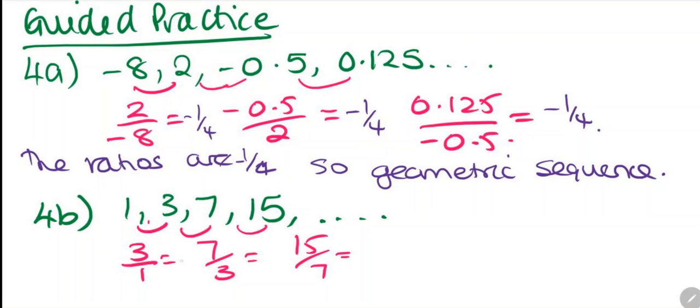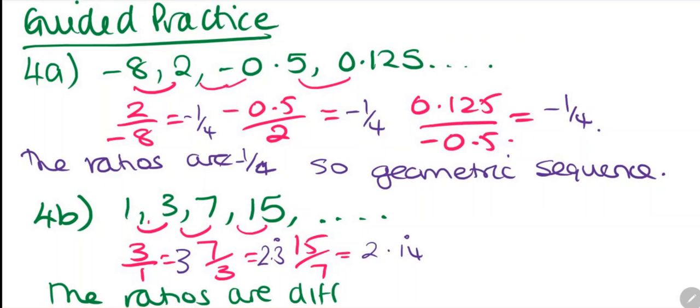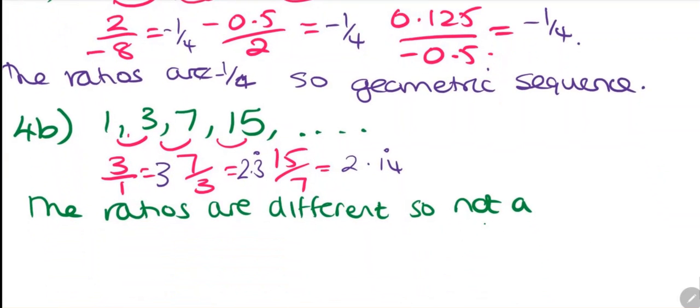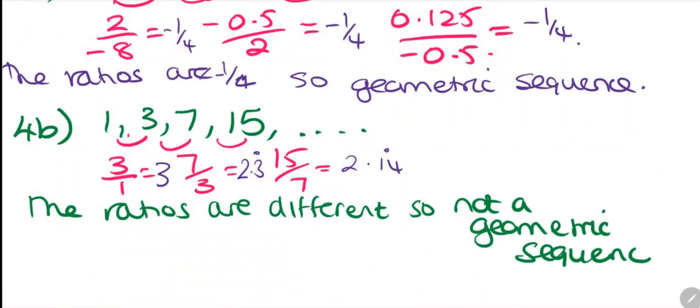So 3 divided by 1 is 3, 7 divided by 3 is going to be 2.3 recurring, and 15 divided by 7 is 2.14, etc. So we can see that the ratios are different, and that's our reason. So not a geometric sequence.